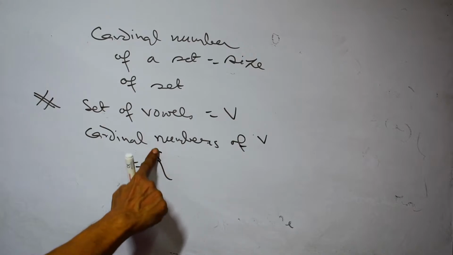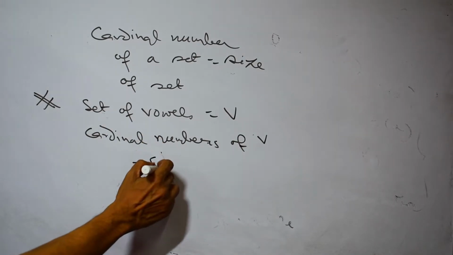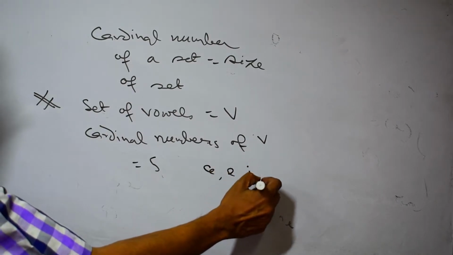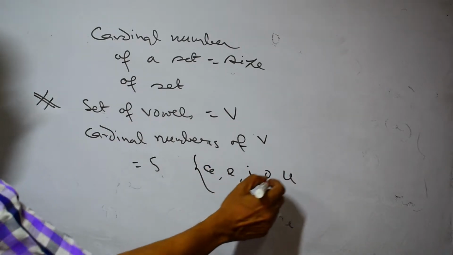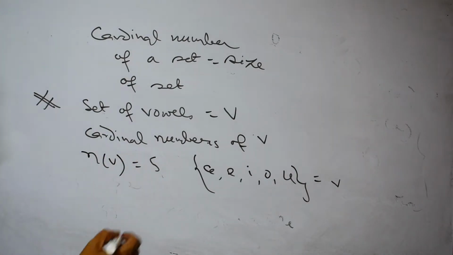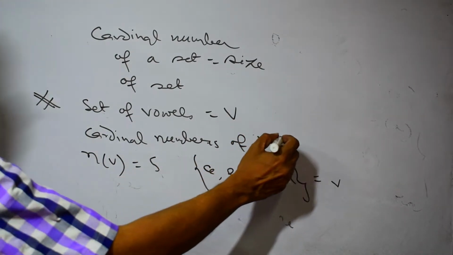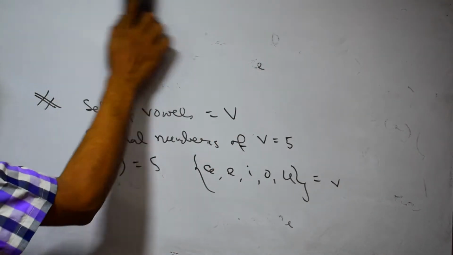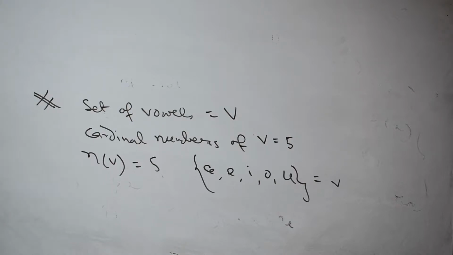We will be writing 5, as we have 5 vowels, A, E, I, O, U. This is the set V, and the number of elements of V is 5, so we can write cardinal number is 5.